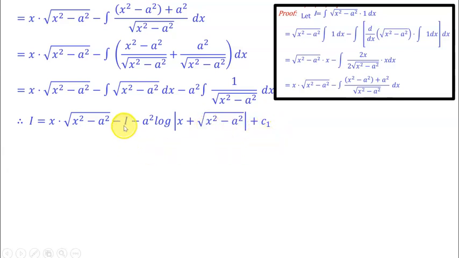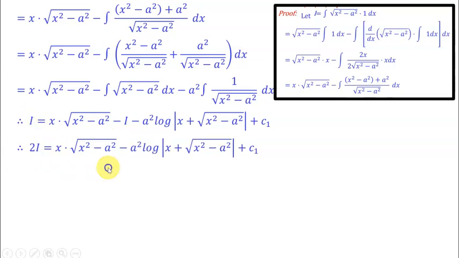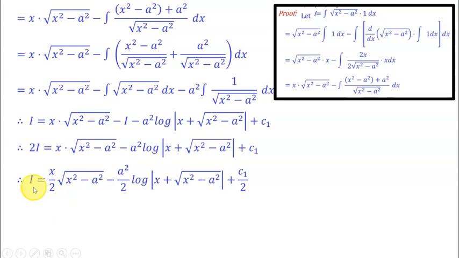Now take this minus I to the left hand side. Then it will become 2I is equal to x into root of x square minus a square minus a square log of mod of x plus root of x square minus a square plus c1. Divide on both sides by 2. Then you will get I is equal to x upon 2 root of x square minus a square minus a square upon 2 log of mod of x plus root of x square minus a square plus c1 upon 2.